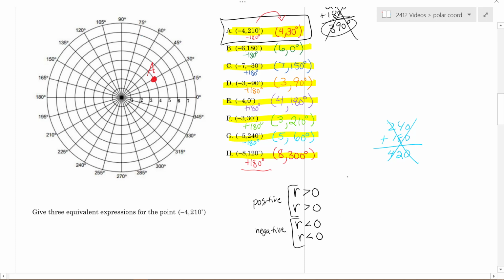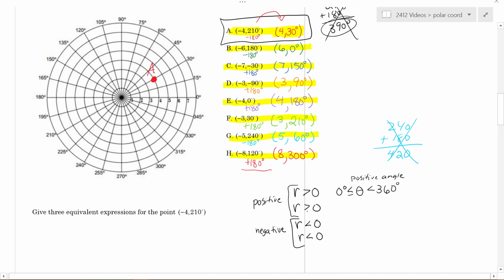Okay, we're going to combine each of those positive R values with a positive angle and a negative angle. So a positive angle would be an angle between 0 and 360, equal to 0 but not equal to 360. So we're going to have a positive R and a positive angle.